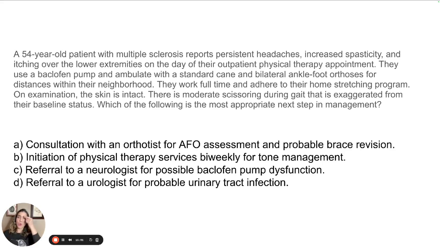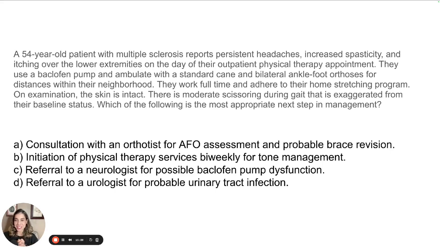Okay, so key things I'm highlighting: persistent headaches, increased spasticity, itching. They use a baclofen pump. Could perhaps the baclofen pump be causing this issue? Okay, so I'm thinking baclofen pump and all the secondary. Could there be a connection?